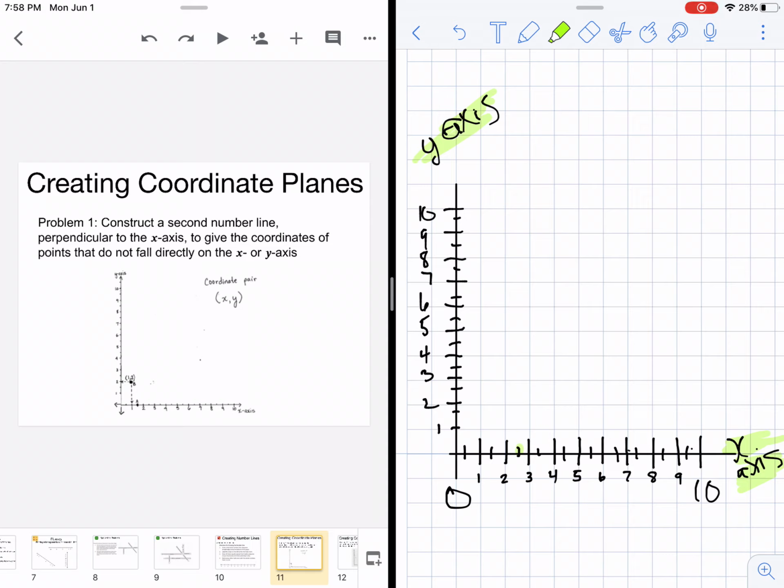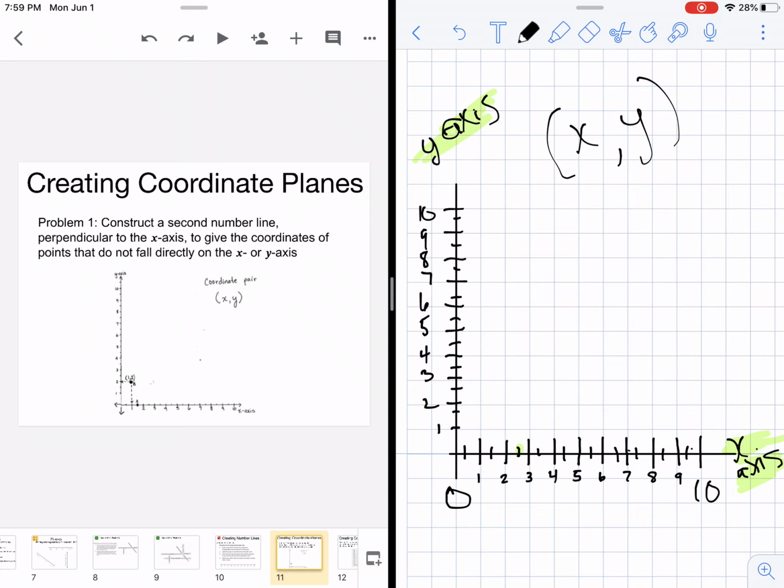Okay, so when you are working with coordinate planes, you have something called a coordinate pair, like you see on the left-hand side. That coordinate pair is a point on your coordinate plane that does not fall directly on the y-axis. So if you look there on the left-hand side, you will see that there is a point marked. Your coordinate pairs are always x and then y. X comes before y in the alphabet, so x always is first.